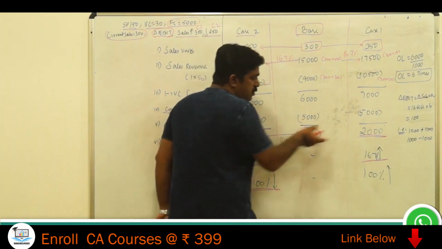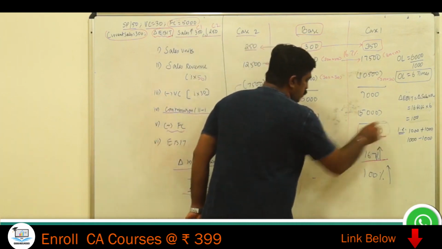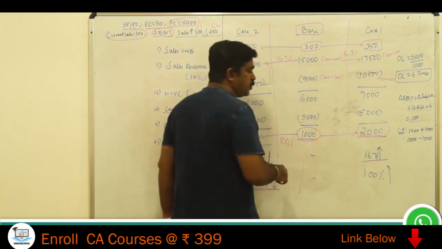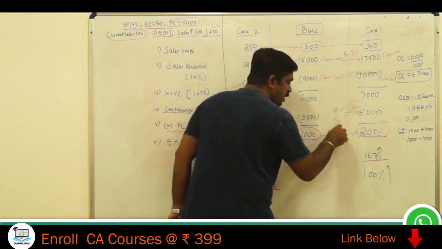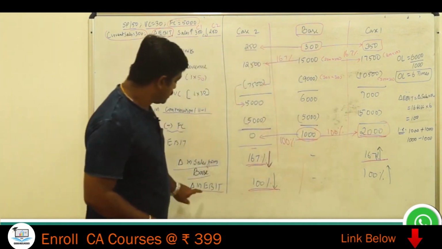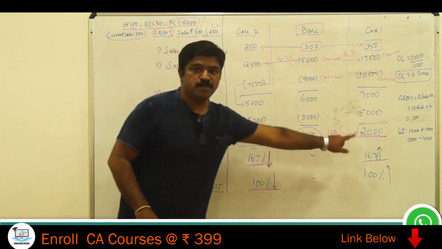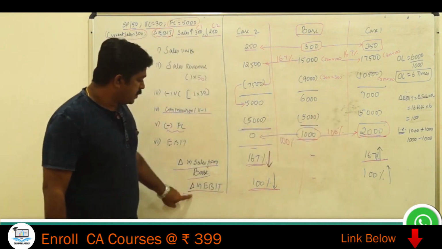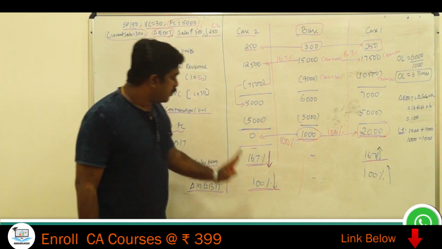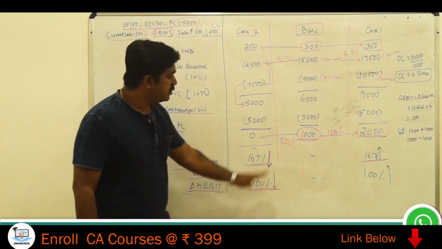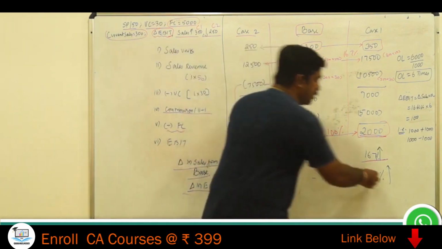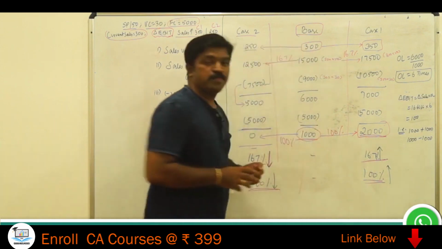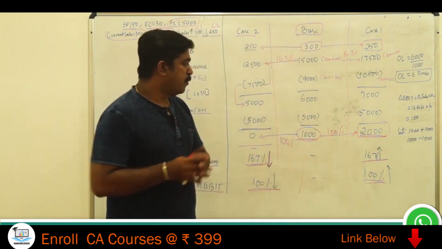From 1,000, it is going up to 2,000. So it is a 100% increase in EBIT. So the change in EBIT is, here it was downwards 100%, whereas here it is upwards 100%. Why is all this happening? It's because of the operation of operating leverage.